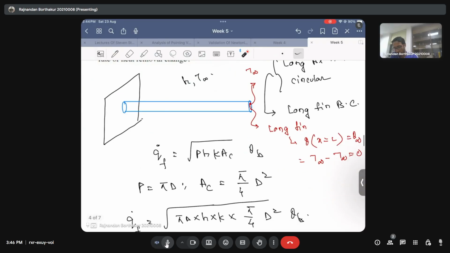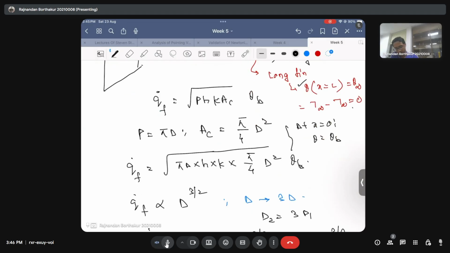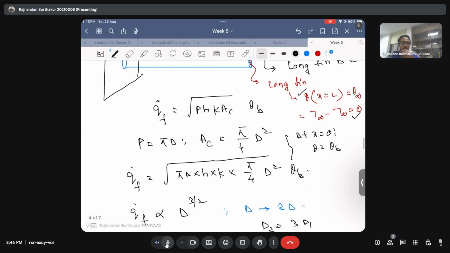So the boundary conditions for a long fin: at x equal to 0, theta is theta b, and at x equal to L, your theta is equal to 0. These are the two boundary conditions for a long fin.